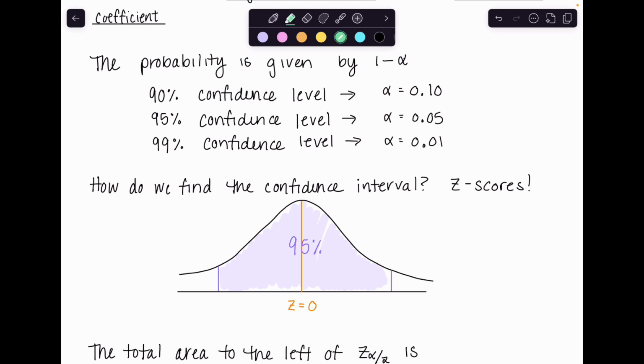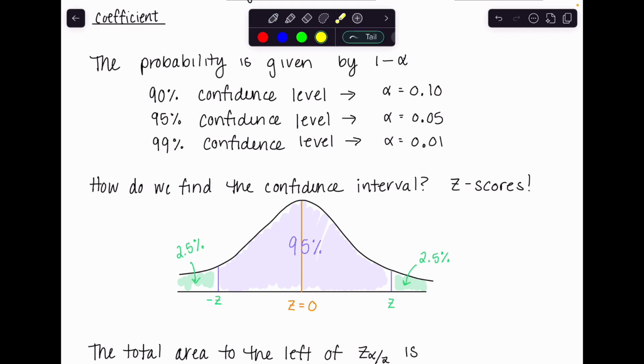Because of symmetry, these 2 sections off to the side are going to be equivalent to each other. And they account for 5% of data in total. So that would mean this side is 2.5%, and this side is 2.5%. And then also based on symmetry, these z values are the same, just one is positive and one is negative.